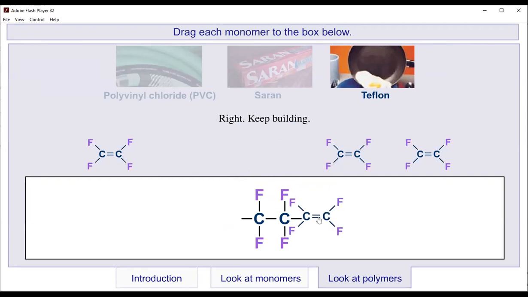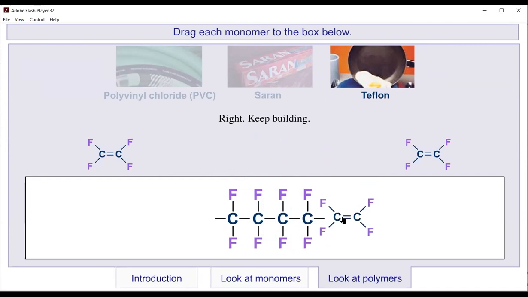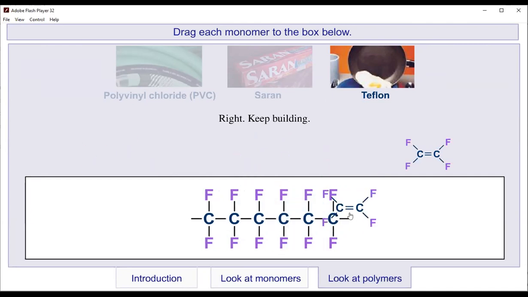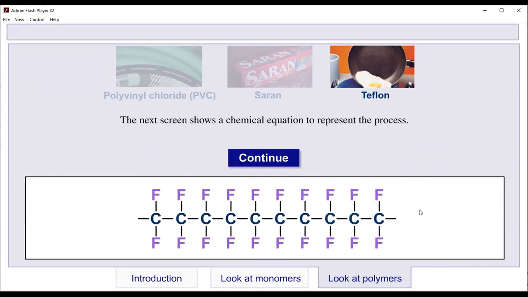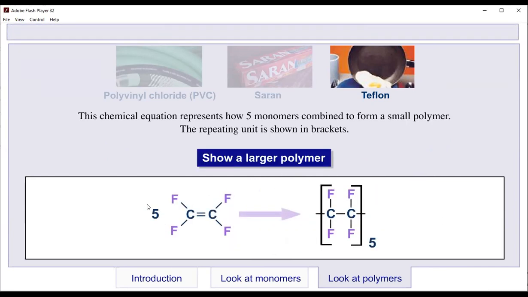So here's building the monomers one at a time. You break the double bond and build this polymer. So there are 5 of those monomers. Now, this is an example of a symmetrical monomer. And so it doesn't matter here for the assignment of head to tail when everything is the same on both sides of the monomer.